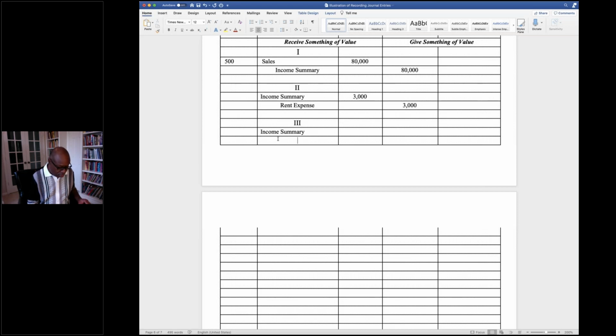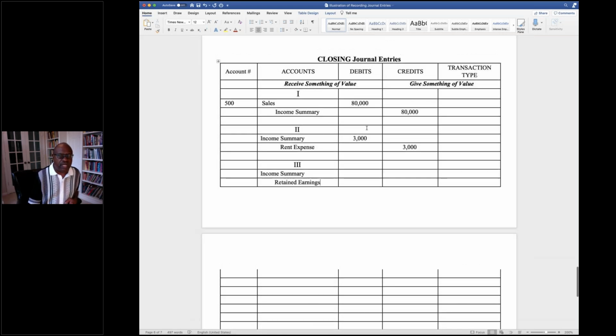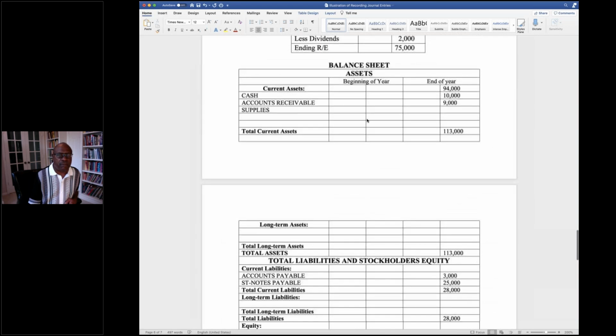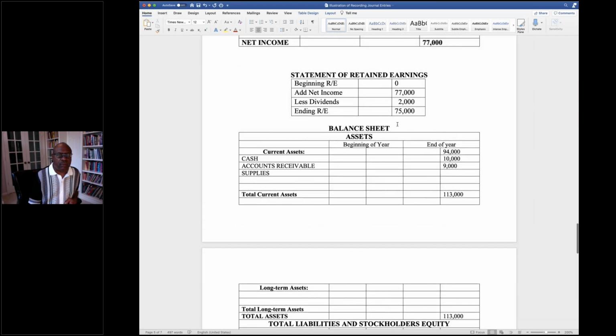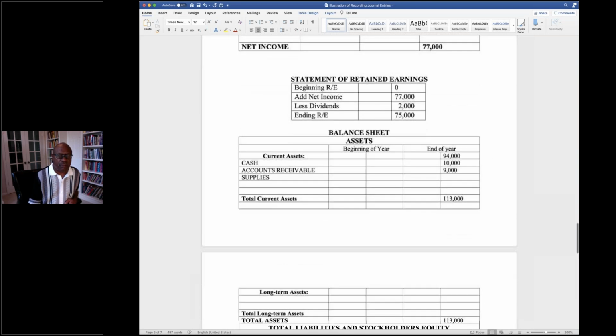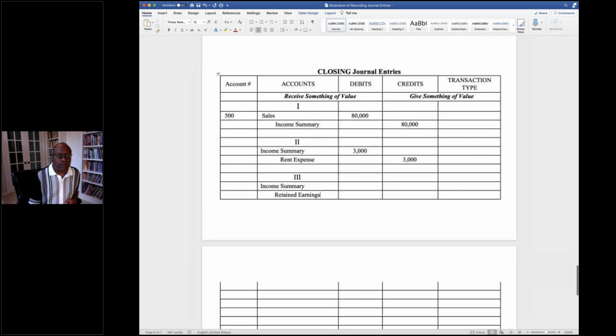And we're going to credit retained earnings. So we debit the income summary and we credit retained earnings. What amount? The net income, 77,000.